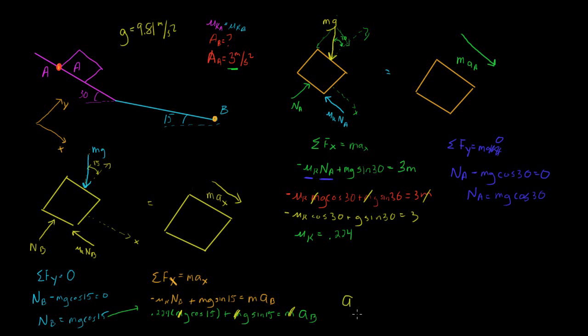And when we do that, we get a_B is equal to 0.416 meters per second squared.